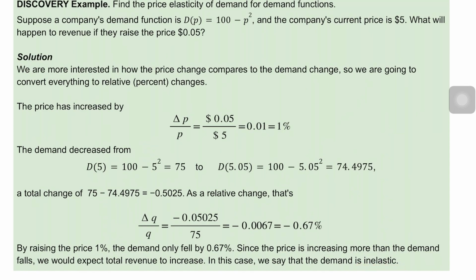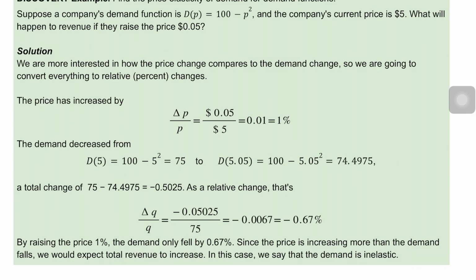It is inelastic because the change of the price does not affect the demand too much, right? It's going to affect it, of course, but not too much, meaning it's inelastic. They're not tied together too much. Their relationship is looser.